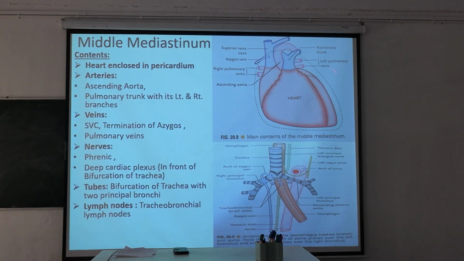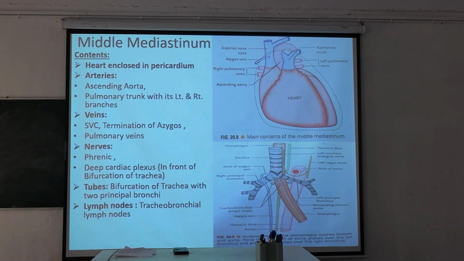You can see here heart included within pericardium, ascending aorta, pulmonary trunk, its right and left divisions, azygos vein draining into superior vena cava, four pulmonary veins.